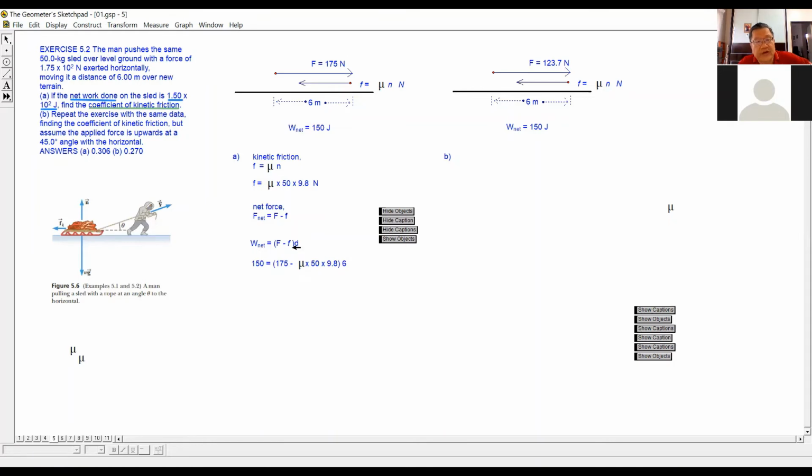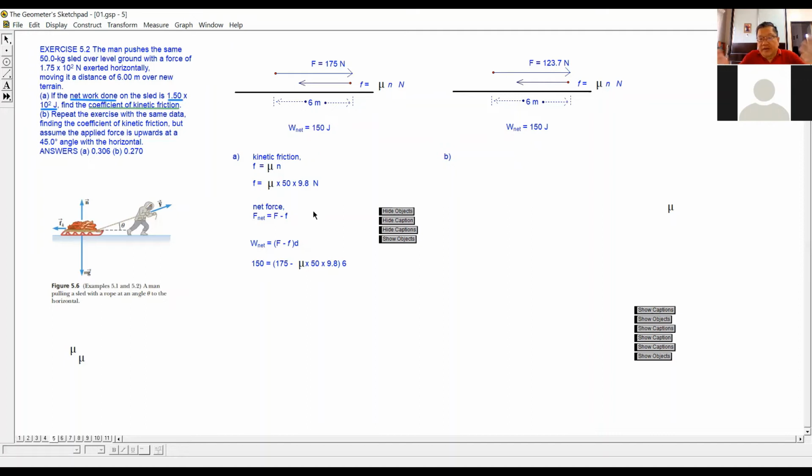This is the relationship. Earlier on, I've explained to you how to find the net force. The net force is applied force minus the frictional force. Net work done is the applied force minus the frictional force multiplied with the distance. That will be the net work done.